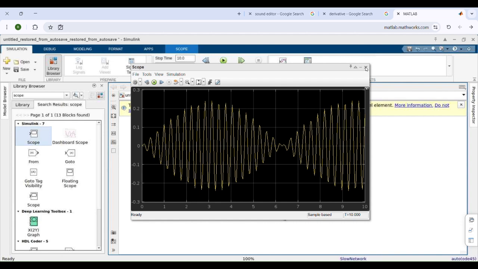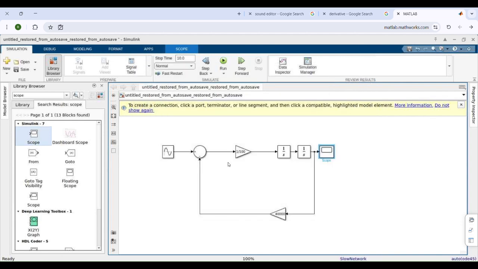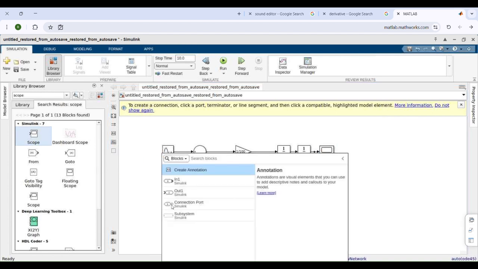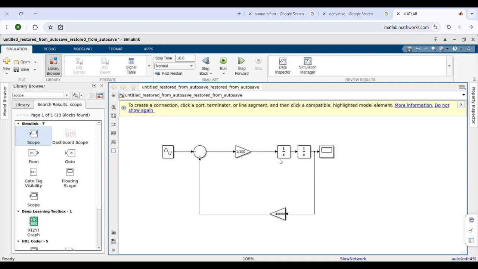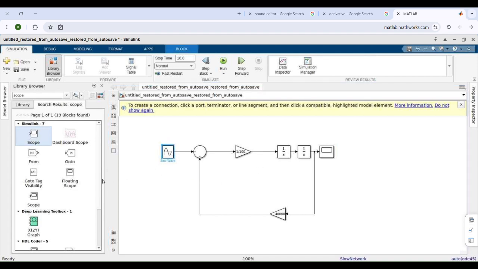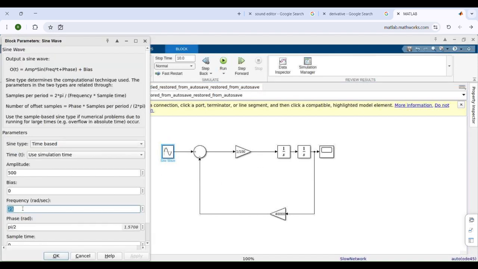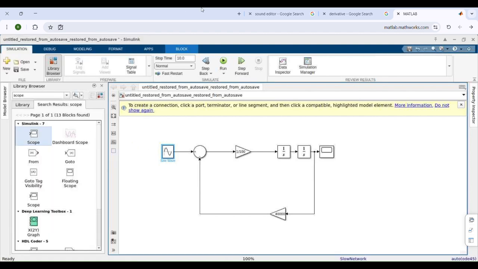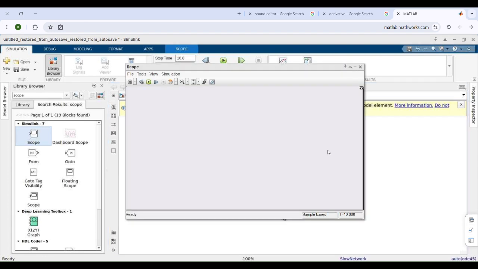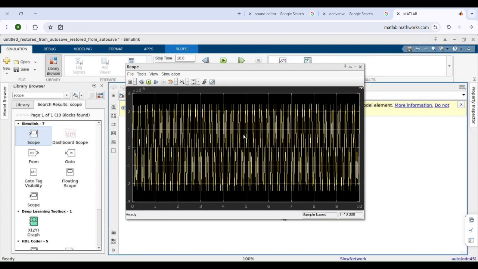And now let's go to 60. As we said, for omega more than omega n, the system will respond, but the amplitude decreases. Yes, see the distance between the waves is so small.